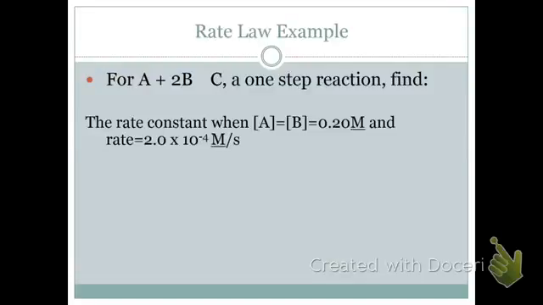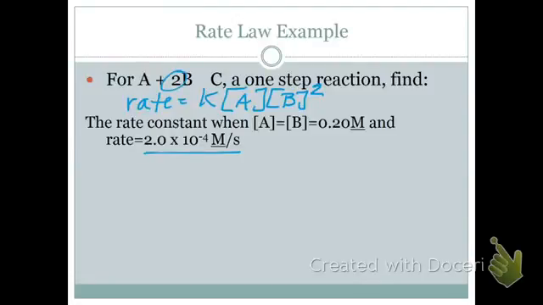Okay, so let's do some calculations. This particular problem is wanting us to calculate the rate constant when we know that our concentrations of A and B are both 0.2 molar and it's giving us the rate. So it's already given us the rate. So we want to write rate is equal to K times the concentration of A times the concentration of B squared because of that 2.